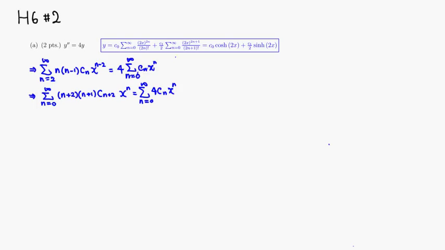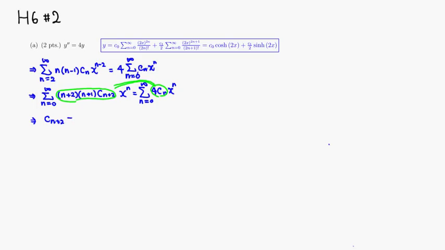So we need to match the coefficients, so we have to match this one with that one right there. We want to set them equal to each other. By dividing through by quantity n plus 2 times quantity n plus 1, we can isolate c sub n plus 2.